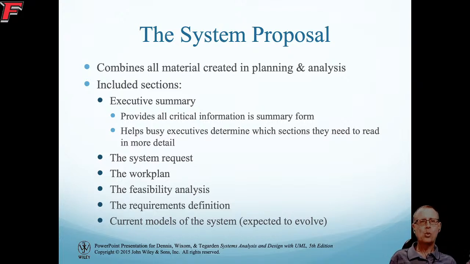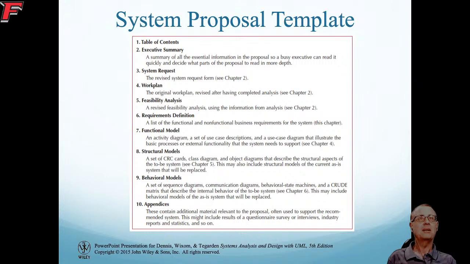Once we've got that raw information from all of those techniques, now we need to write it down. And the document we write it down into is the system proposal. And I think I've talked about these different parts of the system proposal before, so I'm not going to talk through them again. And there's the template, right?